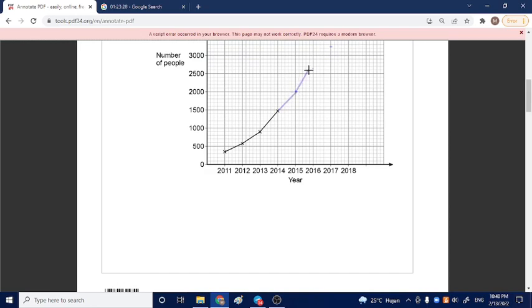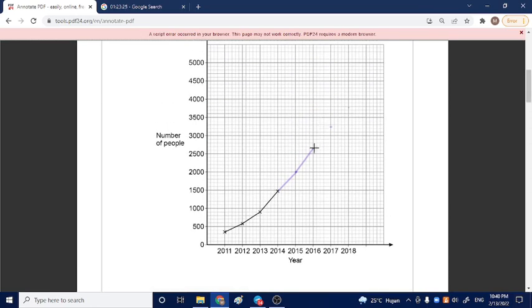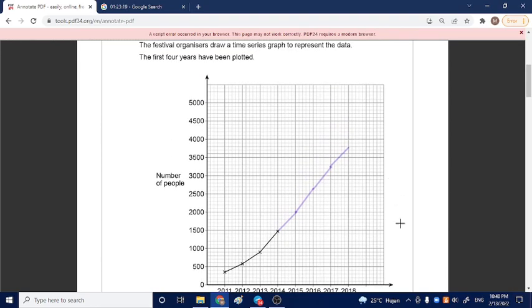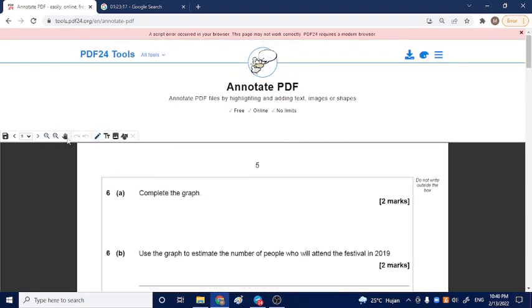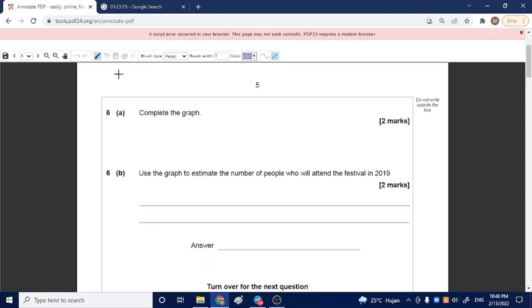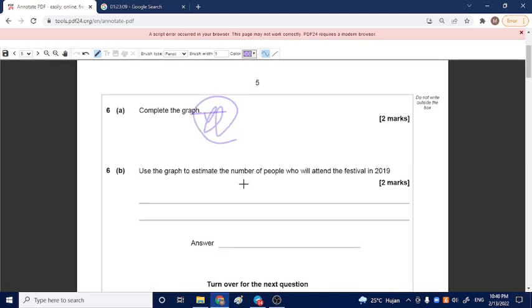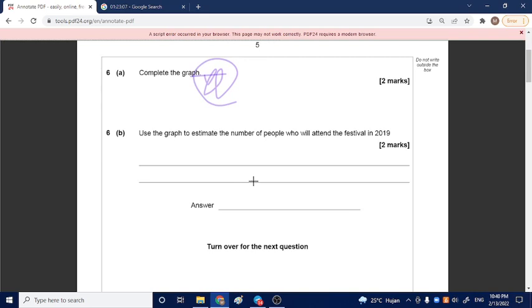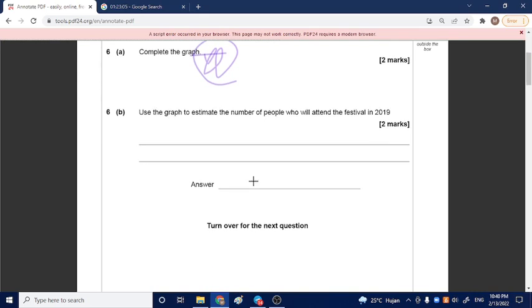There we go, more acceptable. Yeah, whatever. Next. Okay, let's say this is done. Use the graph to estimate the number of, yeah.